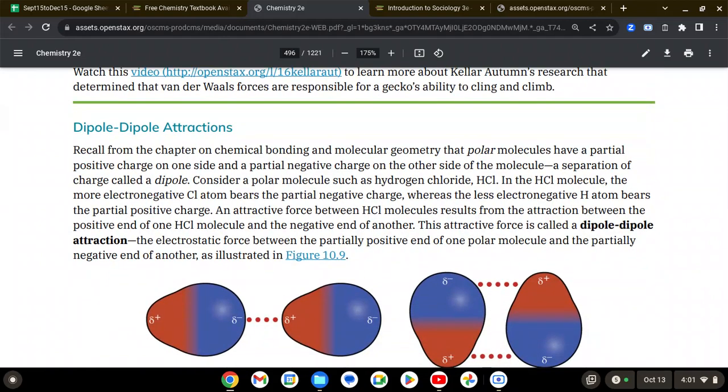Dipole-dipole attractions. Recall from the chapter on chemical bonding and molecular geometry that polar molecules have a partial positive charge on one side and a partial negative charge on the other side of the molecule, a separation of charge called a dipole. Consider a polar molecule such as hydrogen chloride, HCl. In the HCl molecule, the more electronegative Cl atom bears the partial negative charge, whereas the less electronegative H atom bears the partial positive charge.